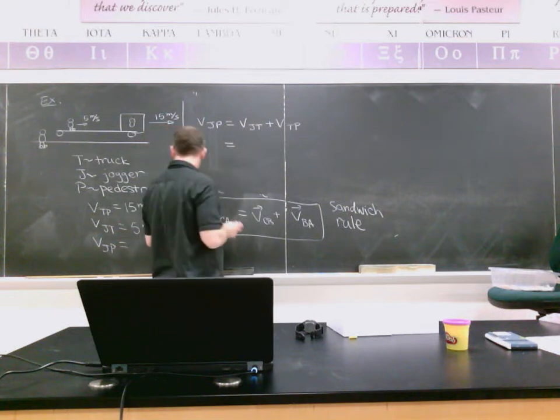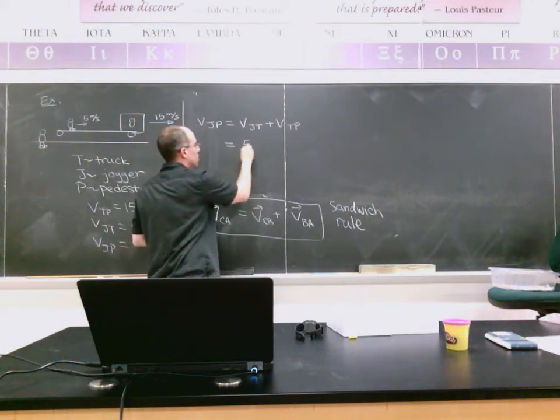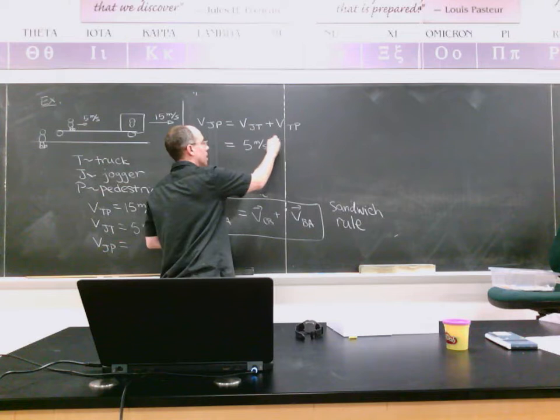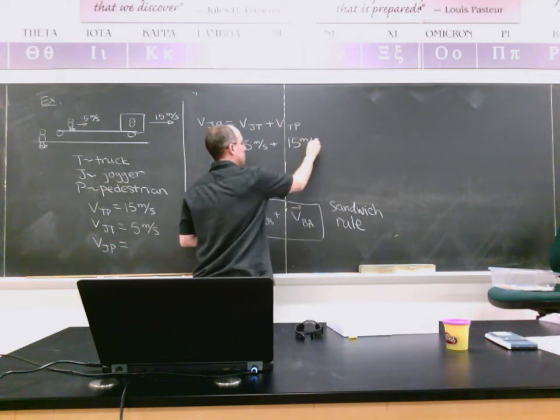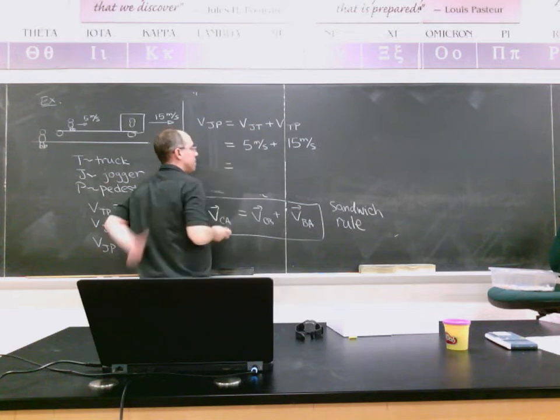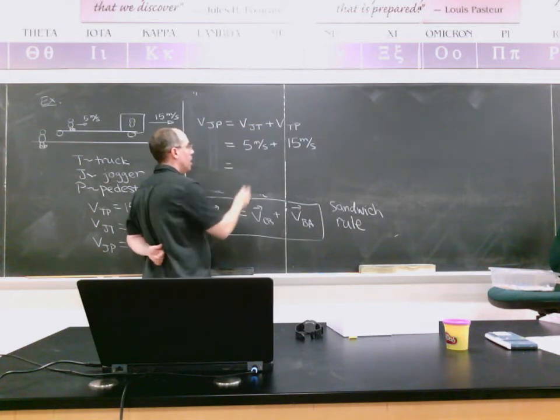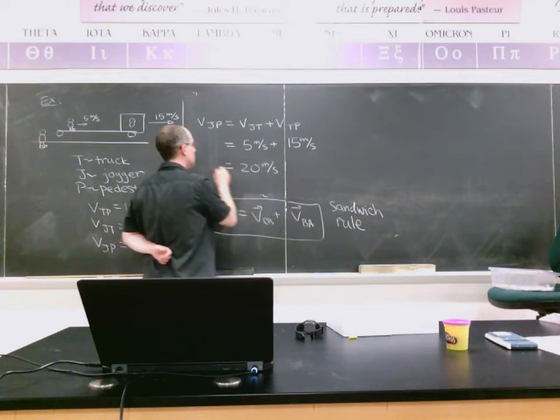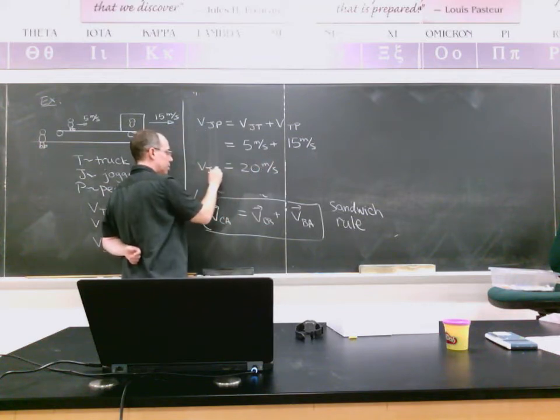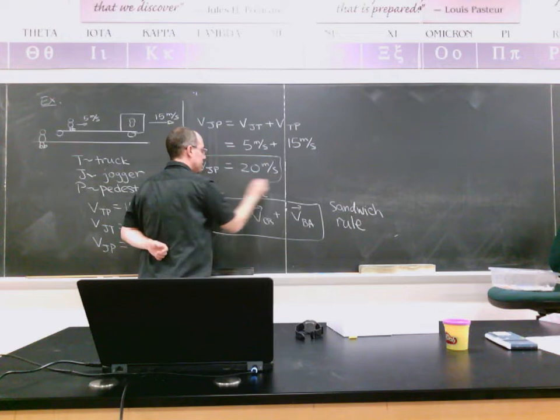Velocity of jogger with respect to truck was 5 meters per second. Velocity of truck with respect to pedestrian is 15 meters per second. And you add those together and you get 20 meters per second. So the velocity of the jogger with respect to the pedestrian is 20 meters per second.